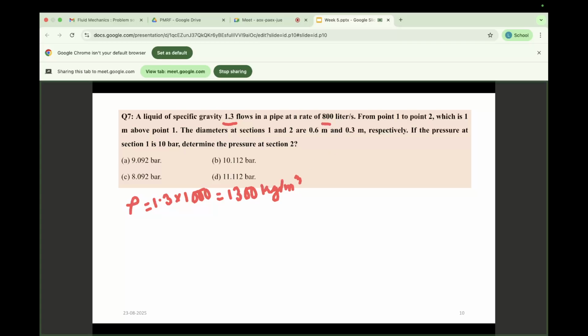Next, 800 liter per second is given. That means Q is given as 800 liter per second. So I have to convert this into meters. Always remember each and every term should be in SI units. So what I need to do is divide it by 1000, then you will convert it into meter cube.